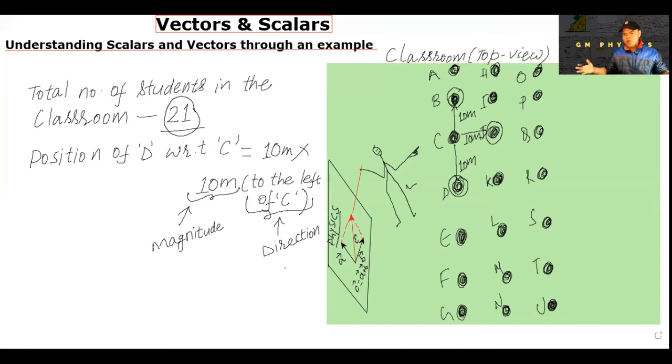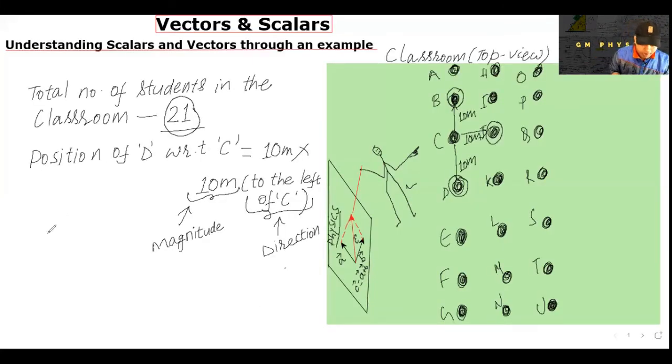All the physical quantities that exist in the world can be broadly classified under these two categories. One which can be completely expressed just by writing the magnitude, and the other which needs magnitude as well as direction. That group of physical quantities which just needs magnitude is called scalars, and this group which has both magnitude and direction can be grouped under vectors.